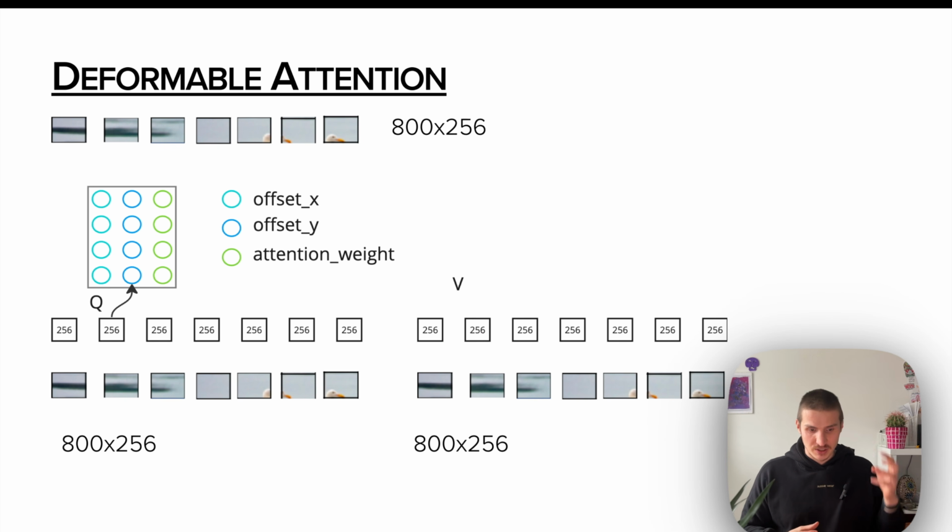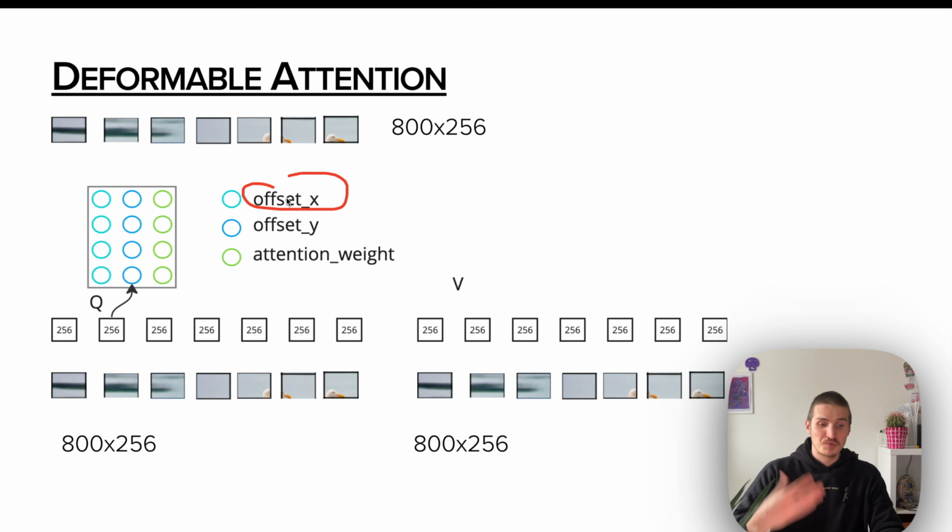So in normal attention, we had queries, keys, and values. And then you would compute the dot product between all the queries and all the keys, so all the pairwise, all the possible pairs. In here, we just have the query, and we just use the query embedding to decide on the offsets, which basically means which points we're going to attend to, and the attention weight itself.